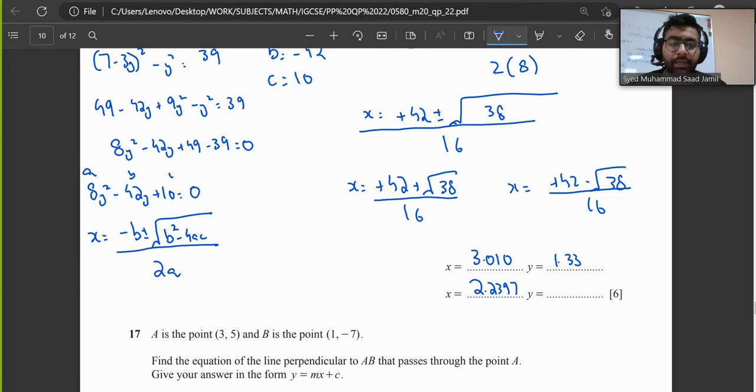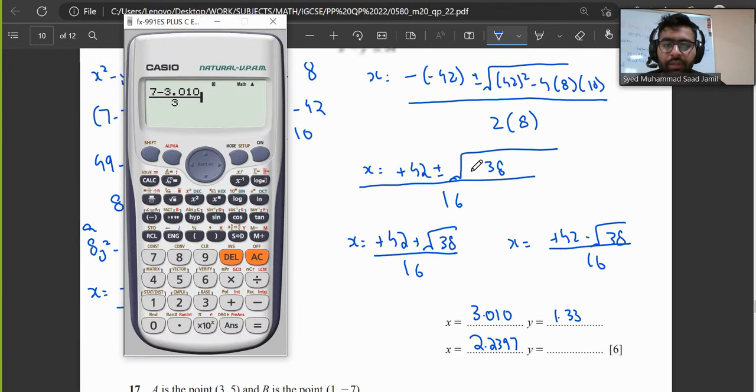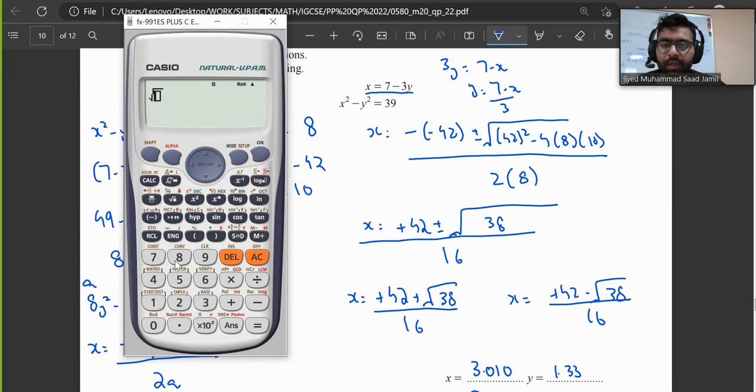I made a silly mistake. That mistake is when I did under root. Look, I did under root 42 squared minus 4 multiplied by 8 multiplied by 10. So just let me solve it again. 42 squared minus 4 multiplied by 8 multiplied by 10.